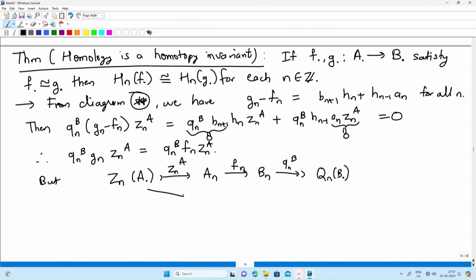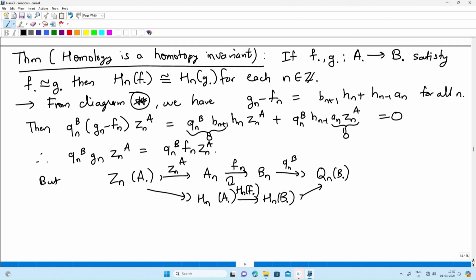But this diagram actually commutes. You can put the homology groups here, and then this embeds again. So this is Hn of F dot. This diagram commutes; this comes simply from the definition of homology, the symmetric version of the definition of homology.